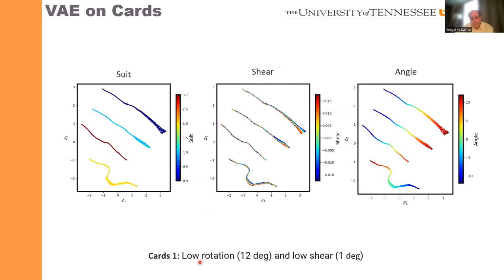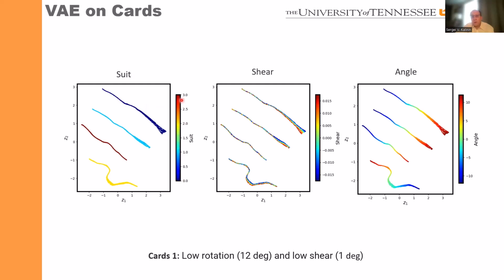Now let's look at what the latent distribution of this data set looks like. This is the case when we have low rotation and low shear, and this is the encoding in the latent space. We color our objects: each point here is one of the cards, and the color of the point is our label. Let's choose the suit as the label, so it can be 0, 1, 2, 3.